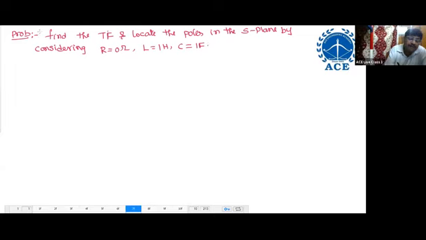Find the system response. Draw the circuit.